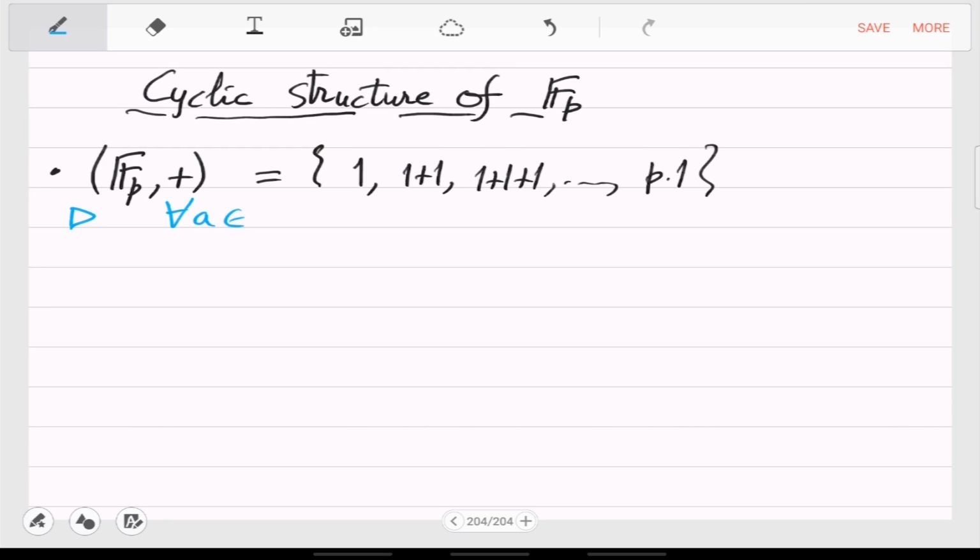And for any element in Fp star, which, by Fp star I will mean Fp minus 0, any element A generates everything under addition.